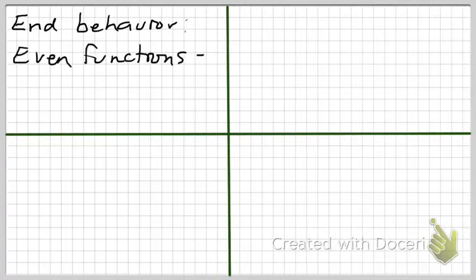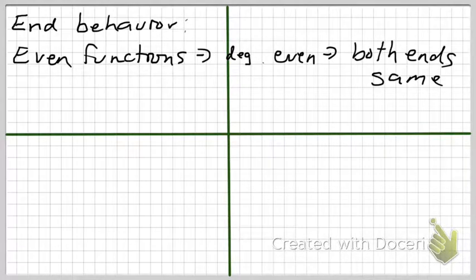To do that, we have to know the difference between an even function and an odd function. An even function has an even degree. So any function with an even degree, both arrows go the same direction.